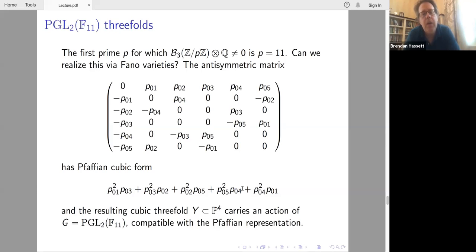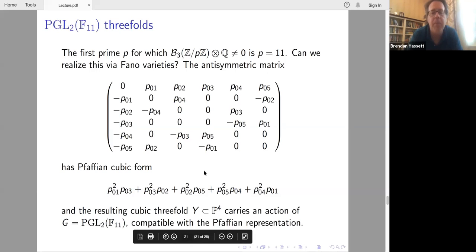And so if you really want to get into this, you should observe that SL2(F11) admits a 6-dimensional representation. And if you look at how that acts on the corresponding Grassmannian Gr(2,6), you can get a natural description of these Pfaffians by just doing invariant theory.